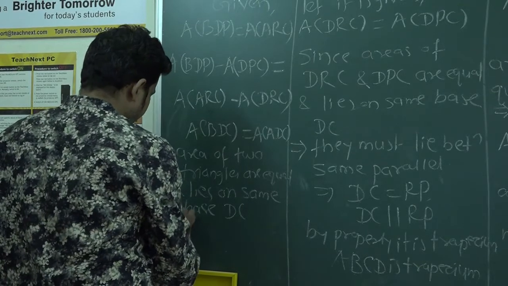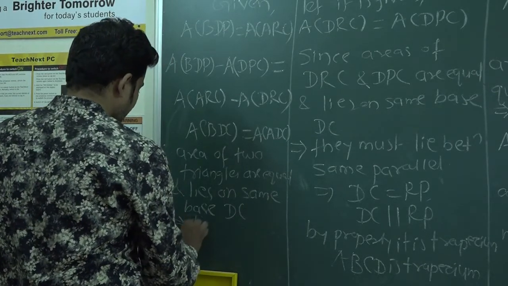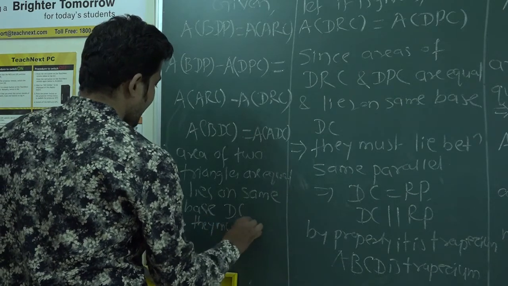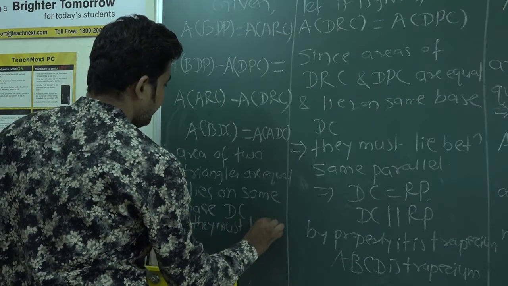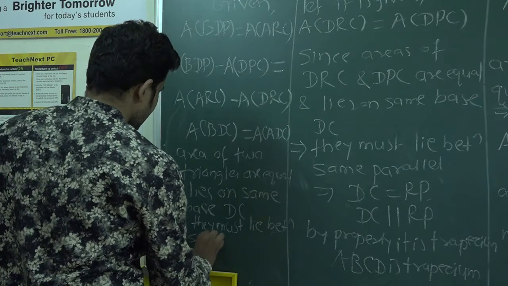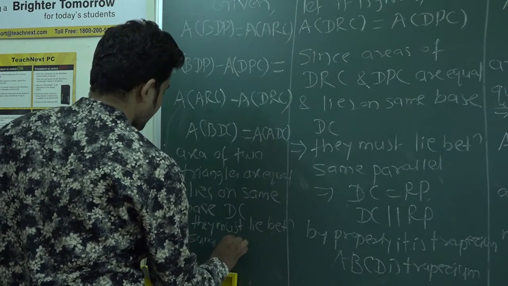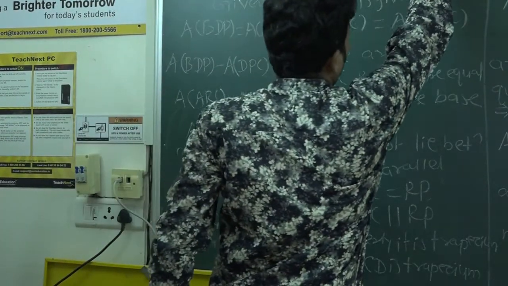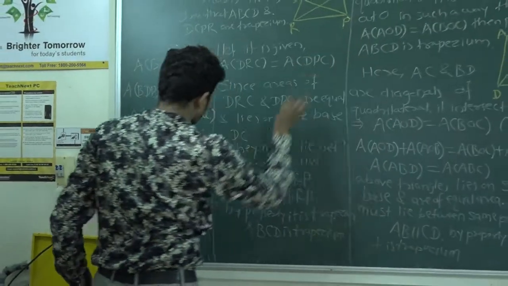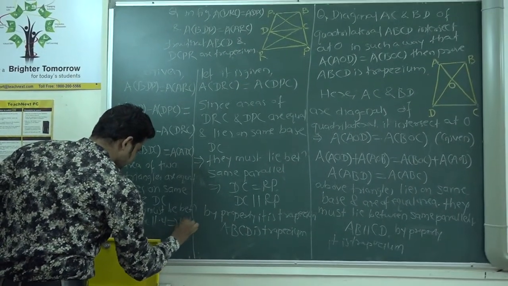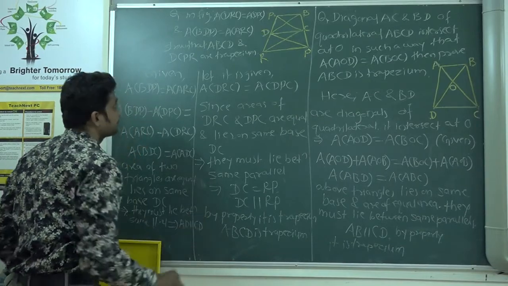And therefore they must lie between the same parallel. So what are those? AD is parallel to CD. From this result, AD is parallel to CD.